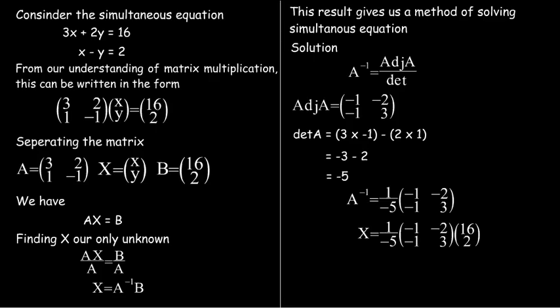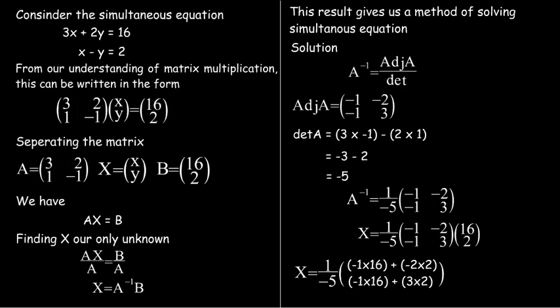Now we are going to multiply the two matrices first. X will be equal to 1 over -5 times the product, which becomes (-1 times 16) + (-2 times 2). Our next element will be (-1 times 16) + (3 times 2).